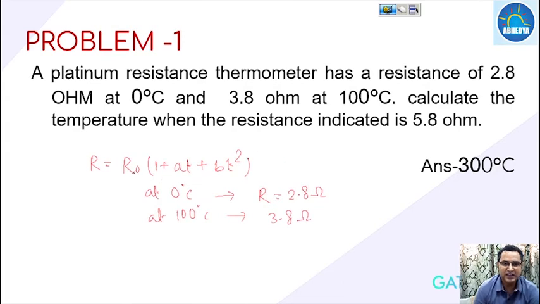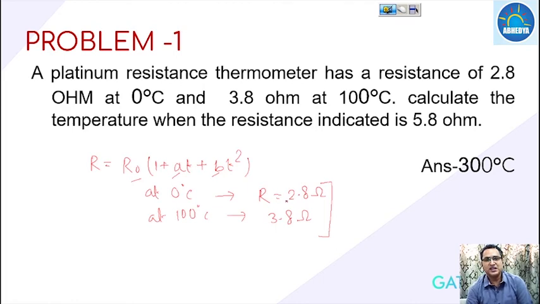If you see, the constants here are R naught, A and B. Since we have three constants, we need three equations, but here we are given only two reference points, at 0 degree centigrade and at 100 degree centigrade. So we can calculate only two values of the constants.